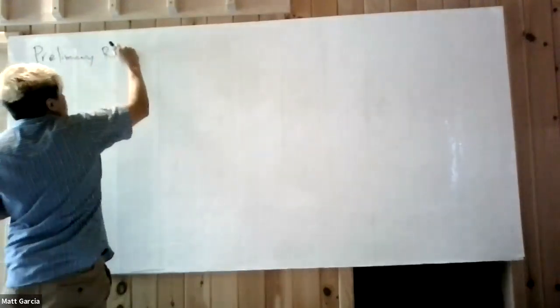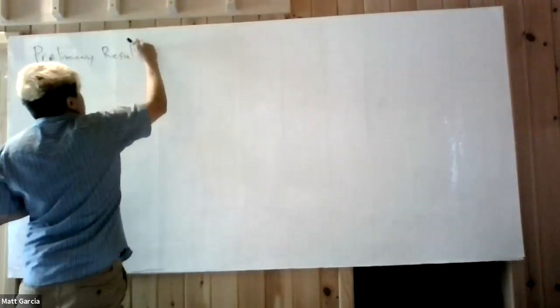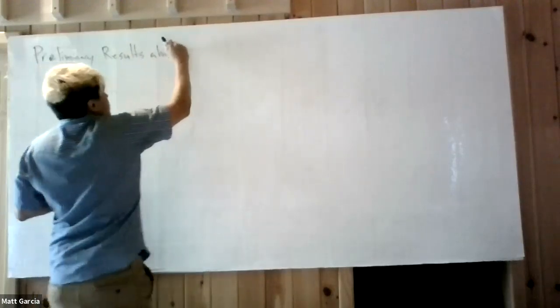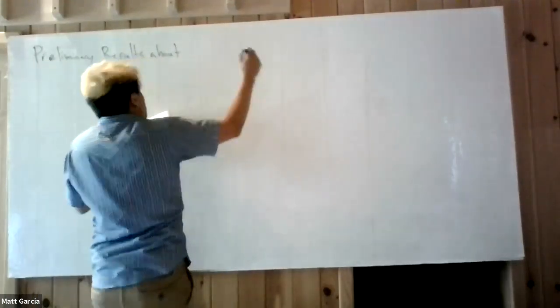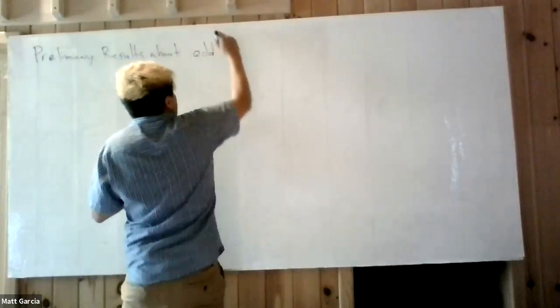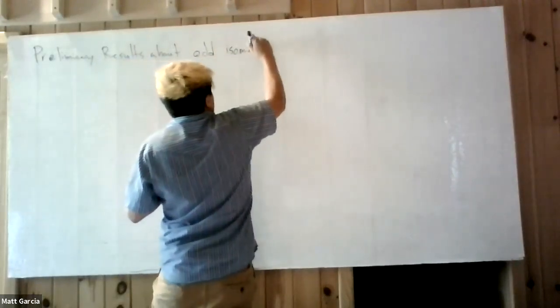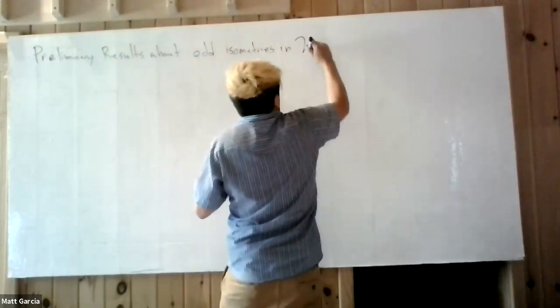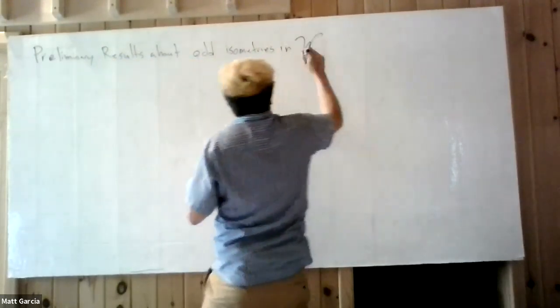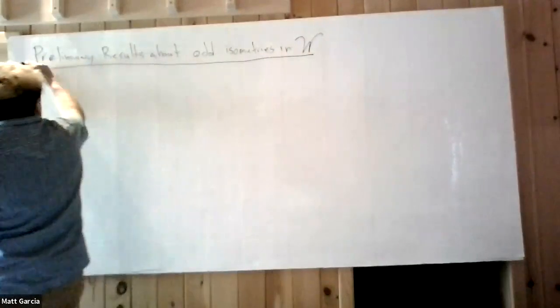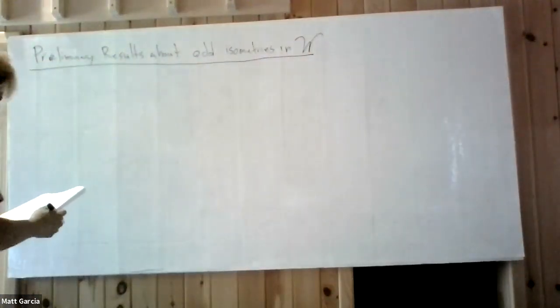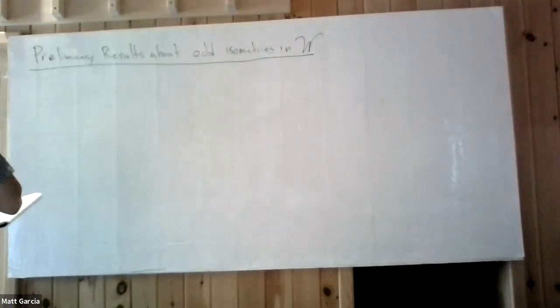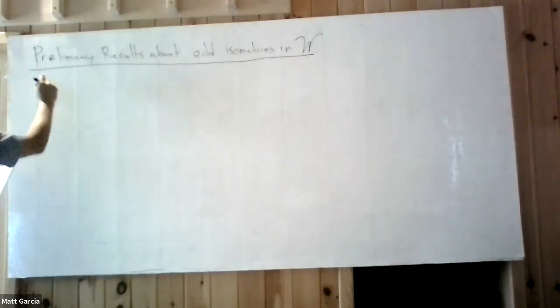Preliminary results about odd isometries in W. Here's our first theorem.